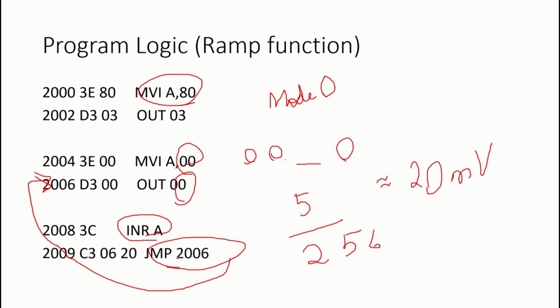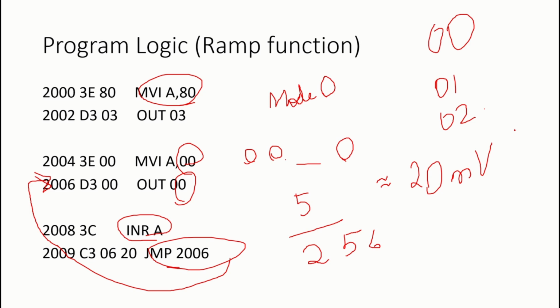Then the accumulator is incremented again, and the process keeps repeating. This is finally what happens. The sequence of digital values sent to the DAC would be something like 00, 01, 02, and it would just keep on incrementing.